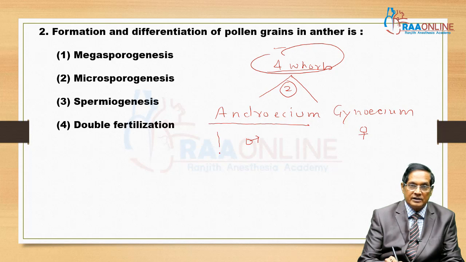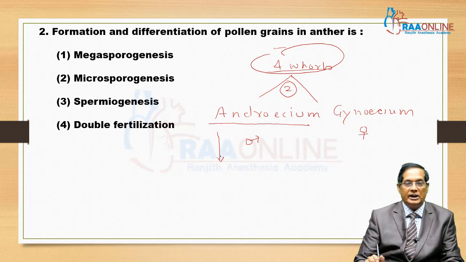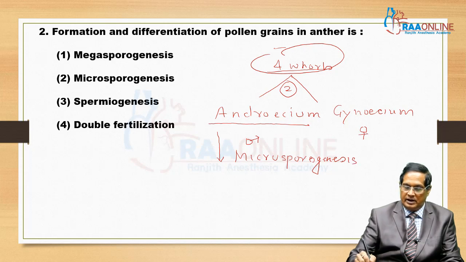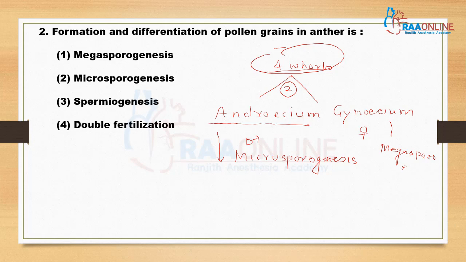Androecium is a fertile whorl because it is concerned with microsporogenesis. The whorl related with microspore formation is androecium, and the whorl which is concerned with megaspore formation or megasporogenesis is gynoecium.